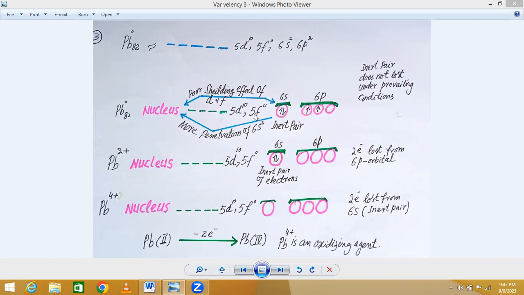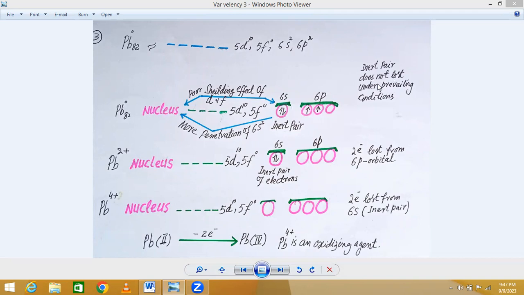Now 5d and 5f have a poor shielding effect upon 6s. The nucleus exerts more attractive force on the 6s electrons due to the poor shielding effect of 5d and 5f. So due to this, 6s is more penetrated to the nucleus. That is why 6s shows the inert pair.